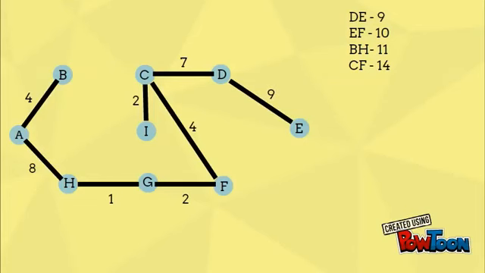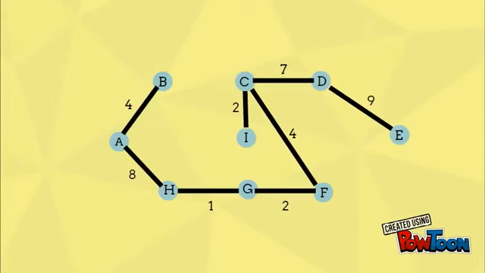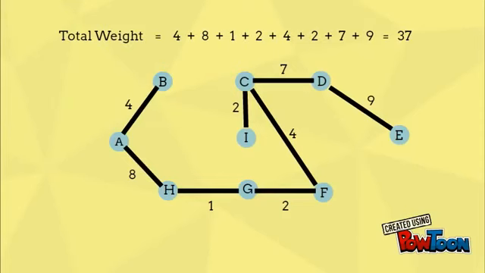No cycle is formed, hence we add it to the spanning tree. Now, since the number of included edges equals the number of vertices minus 1, the algorithm stops here. We have now obtained a minimum spanning tree where the total weight is 37.